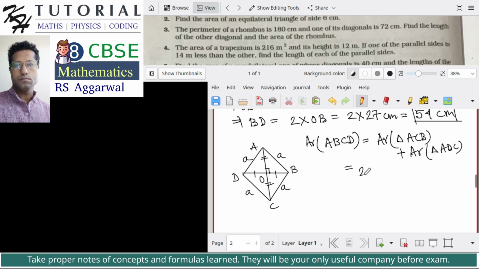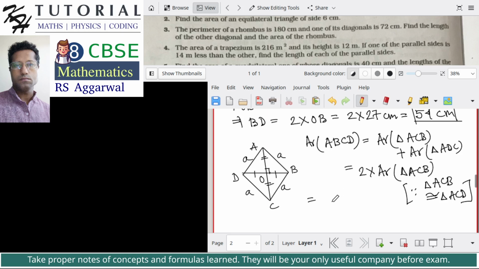This is equal to twice the area of triangle ACB. Why? Because triangle ACB is congruent to triangle ACD. These two triangles are congruent and hence their areas will be equal.